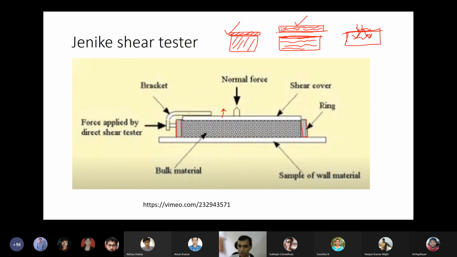They will lock it with a bracket, and some normal force is applied. By tightening the screw, we will apply some shear force in this direction. We can easily measure the moment of this one. From that, we can easily calculate the angle of internal friction between these powders and the solid surface.